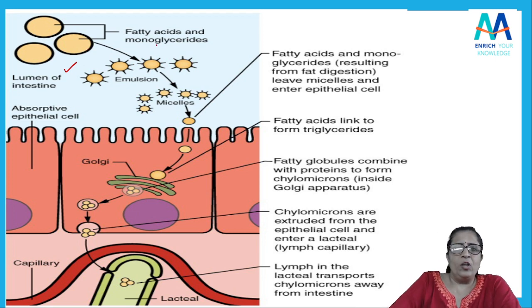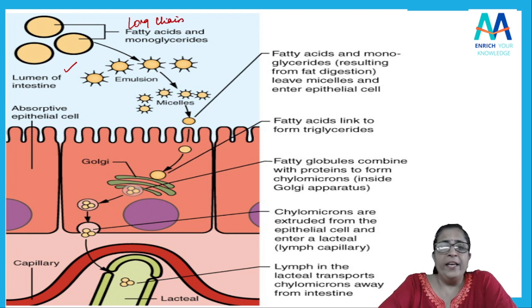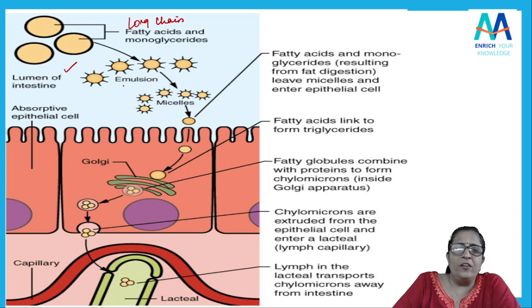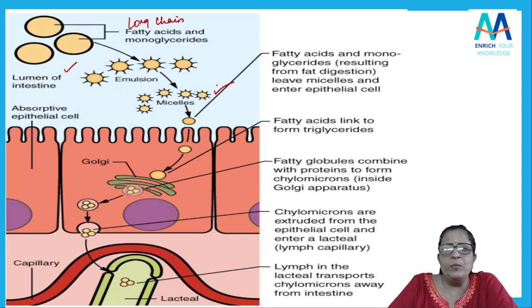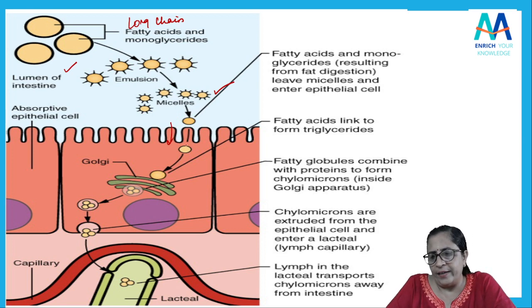These long chain fatty acids will first form an emulsion, and later they will form the micelle, and it will enter from the brush border of the intestinal villi, from there they came inside.